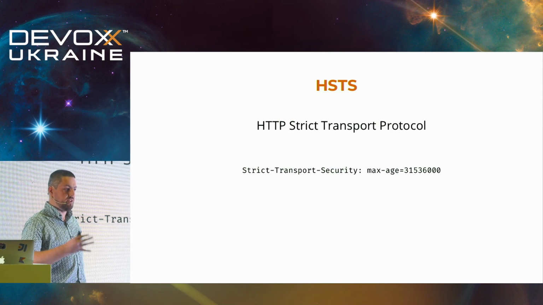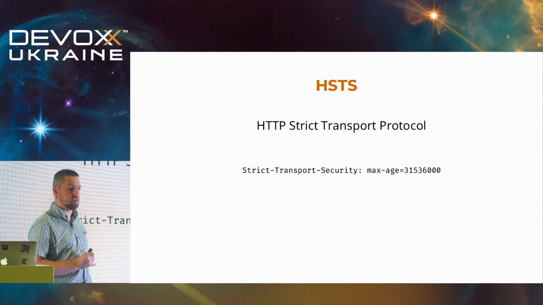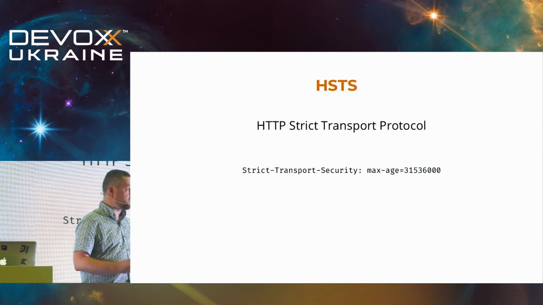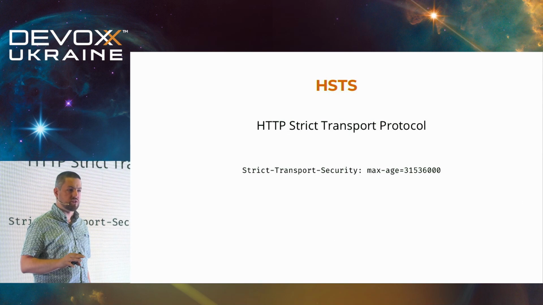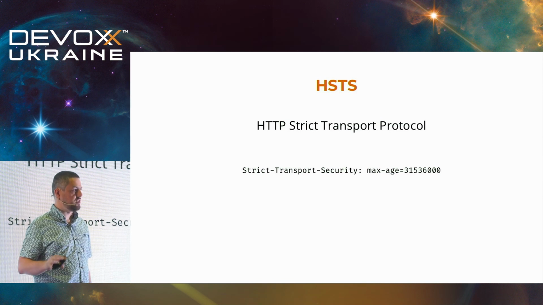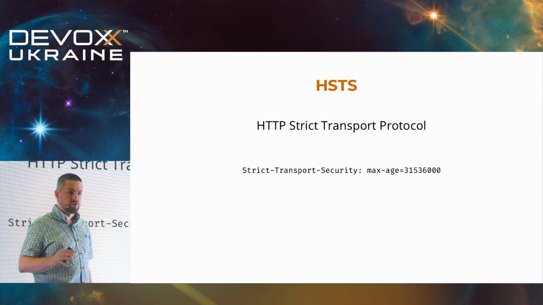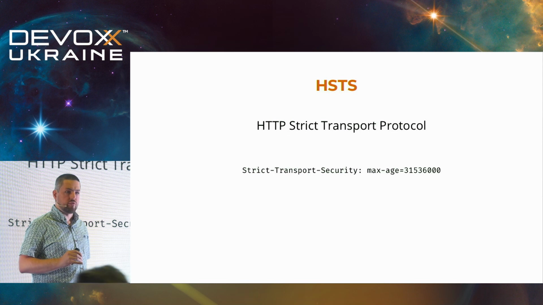When a browser receives this header over HTTPS, it will know that for the next year, you want your site to only be served over HTTPS. So if the user types HTTP blah blah blah, your browser will not do that first insecure request. It will immediately make the secure connection.